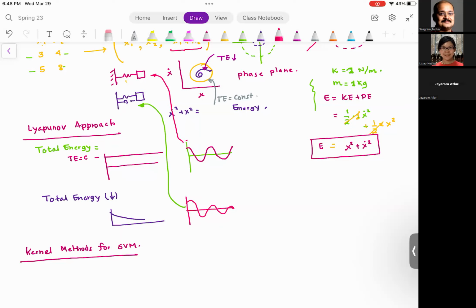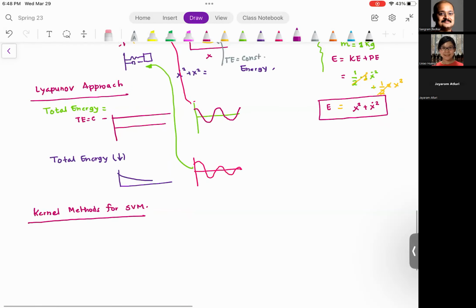But if you take the same spring mass system and put it inside a vacuum and perform the same experiment, pull the mass and let it oscillate, it will go for a very, very long time. For practical purposes, it could be for an infinite period of time because there is no air resistance, so energy is not dissipated. That's why the Lyapunov approach sometimes will give you global solutions for stability.